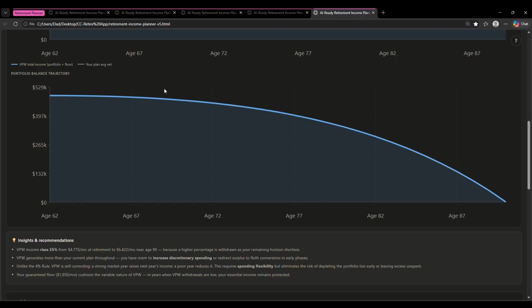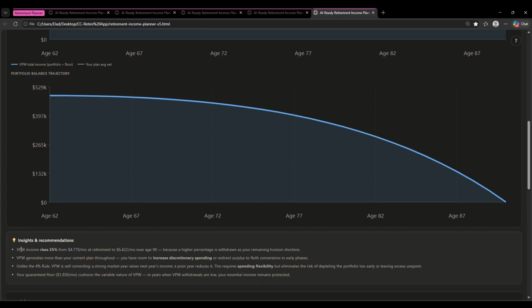If you need stable income, the same amount every month, VPW may feel uncomfortable. If you are flexible about spending more in some years and less in others, it's arguably more mathematically honest than any fixed rate approach. Let's have a look quickly at what our recommendations are for this particular scenario.